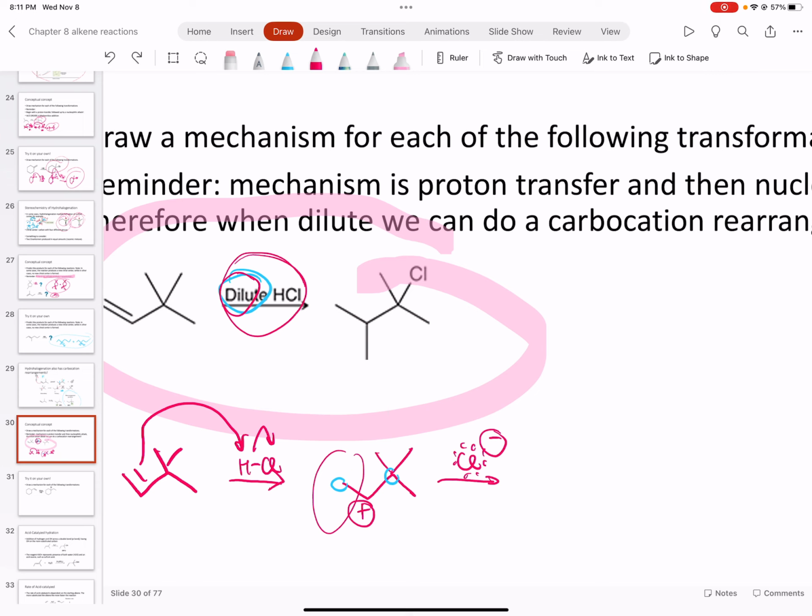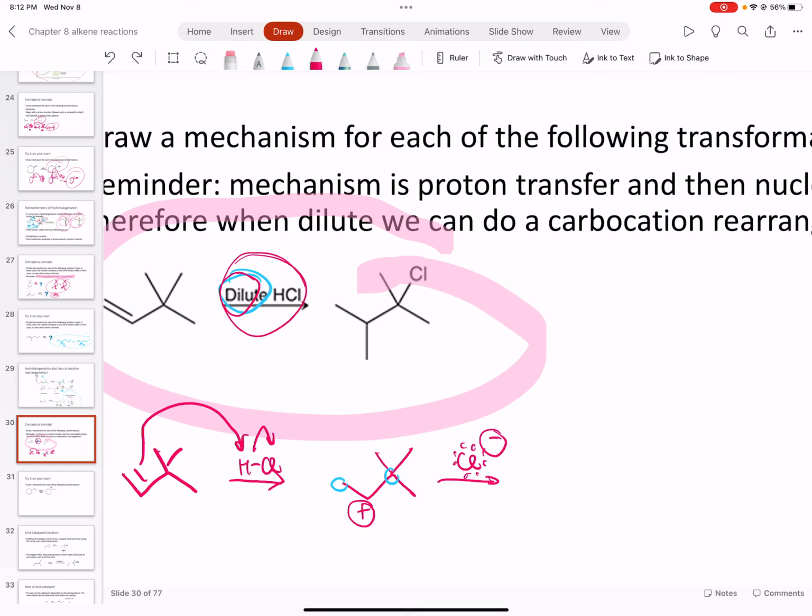We want a tertiary or a resonance stabilized cation. If I look at my right side, we don't have any hydrogens, right? But we can do a methyl shift. If we do a methyl shift, we will get a tertiary. So we could do that.